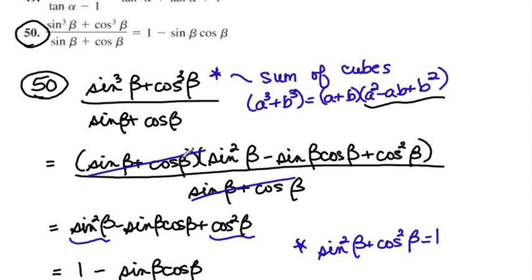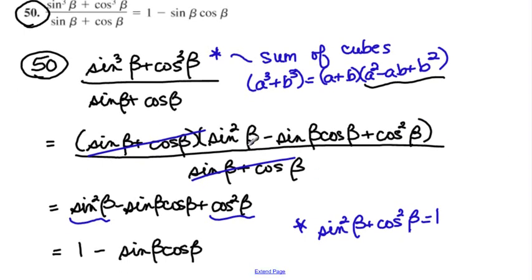So sine beta plus cosine beta very neatly cancels out. So we're left with this trinomial of sine squared beta minus sine beta times cosine beta plus cosine squared beta. Back to our fundamental Pythagorean identity, sine squared plus cosine squared is 1. So we have shown that that expression is equal to 1 minus sine beta cosine beta.